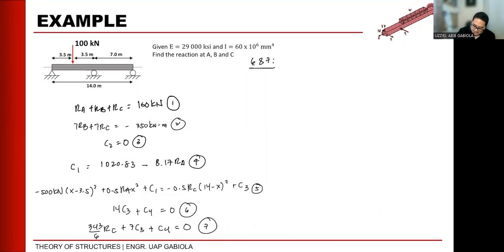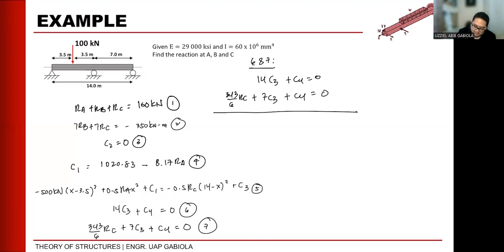Okay? So, ang gagawin natin, yung 14C3 plus C4 is equals to 0. Tapos 343 over 6 RC plus 7C3 plus C4 is equals to 0. Kailangan ma-eliminate natin yung isang unknown sa kanya para magamit natin yung magagawa nating bago.